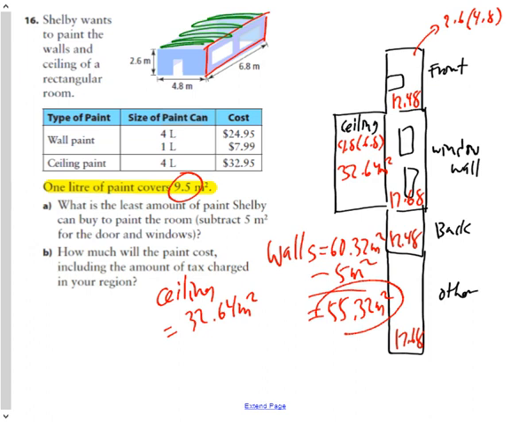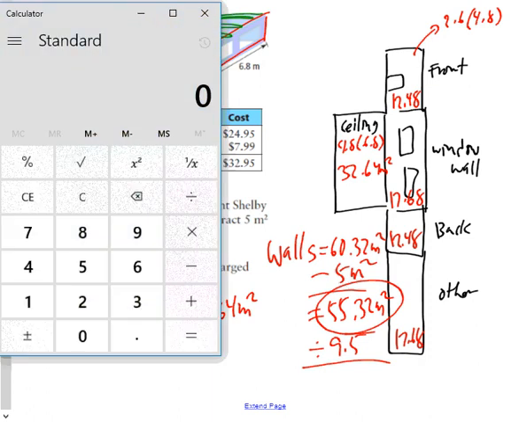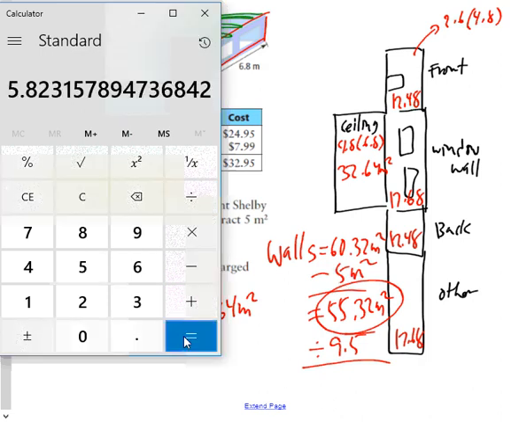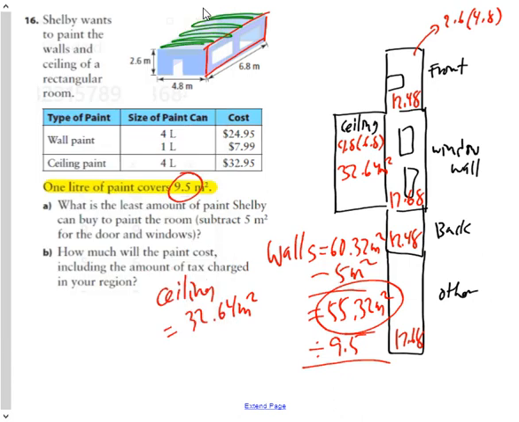So if I take the total surface area of the walls she has to paint and divide it by 9.5, which is what 1 liter of paint can do, that tells me I need to buy 5.82 liters of paint to do the walls.